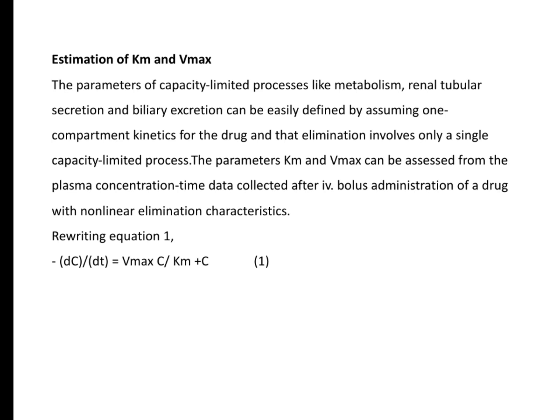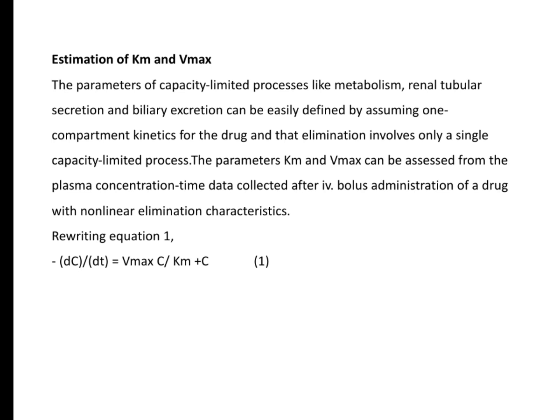The parameters of capacity limited processes like metabolism, renal tubular secretion, and biliary excretion can be easily defined by assuming one compartment kinetics for the drug and that elimination involves only a single capacity limited process.